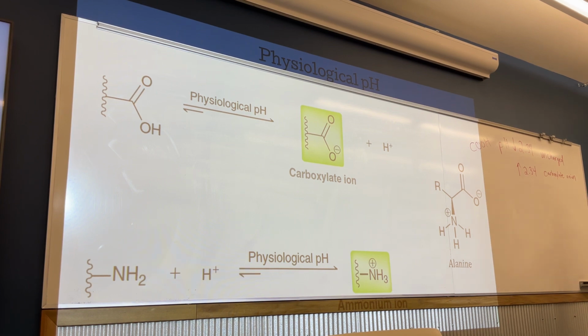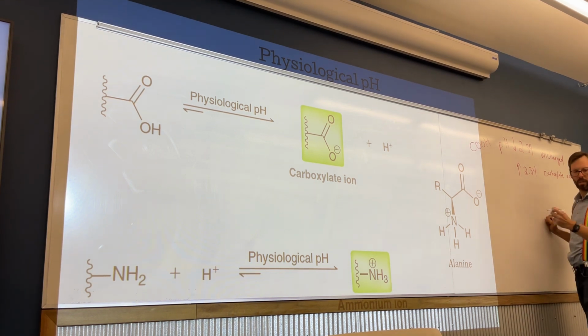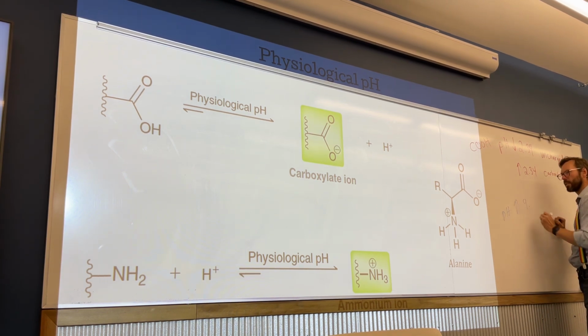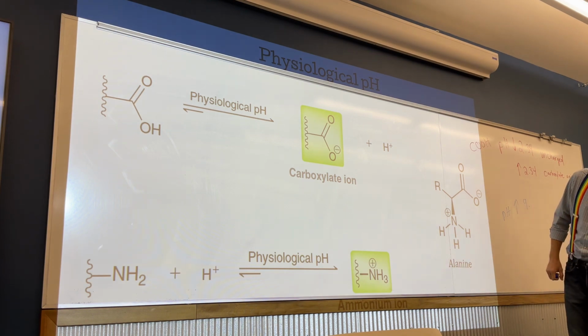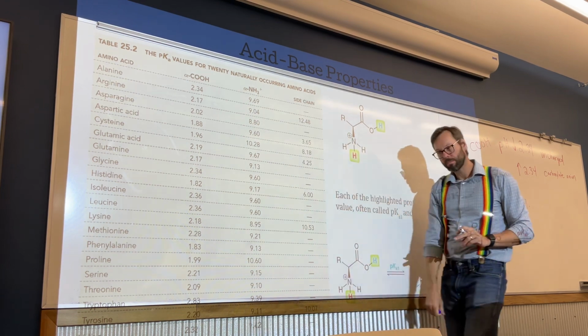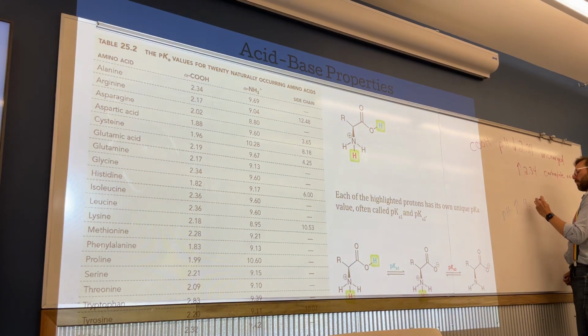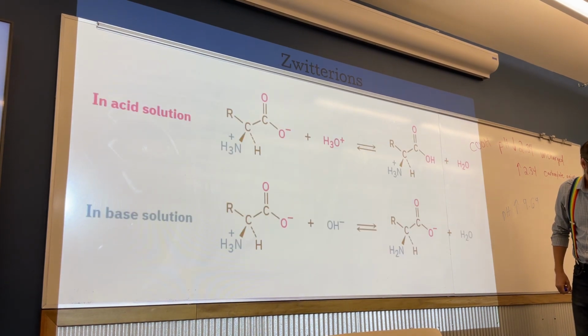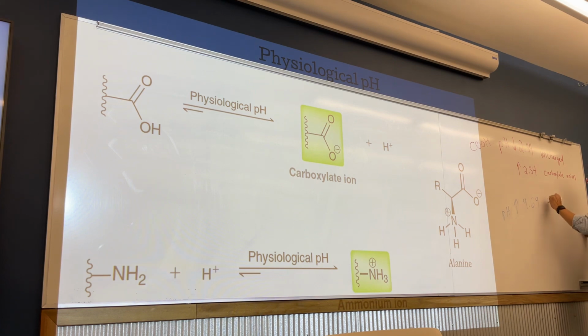So then for the amine group, if the pH is higher than 9.69, we end up with, again, the uncharged form.